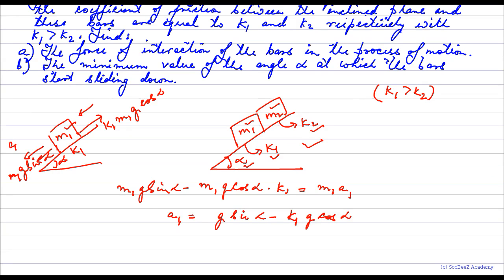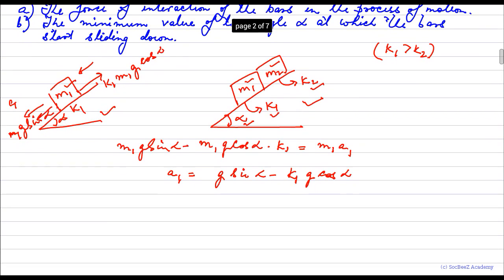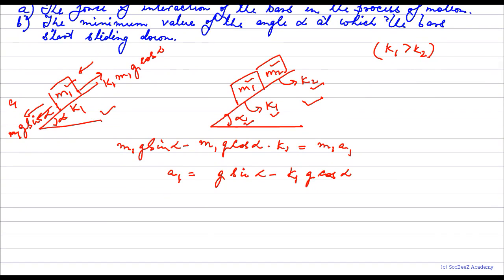Similar would be the result if I consider this case for mass m2. Let's say the body of mass m2 was moving down the incline with an acceleration of a2. The acceleration would be given by g sine alpha minus k2 g cos alpha.